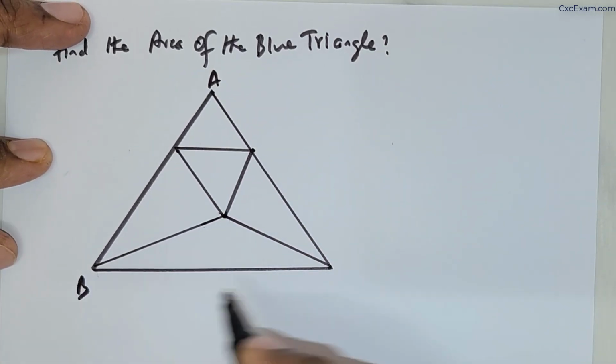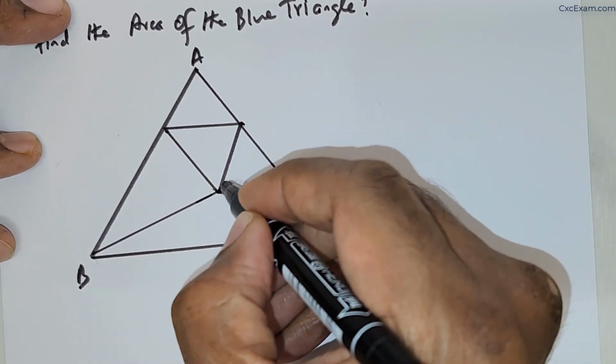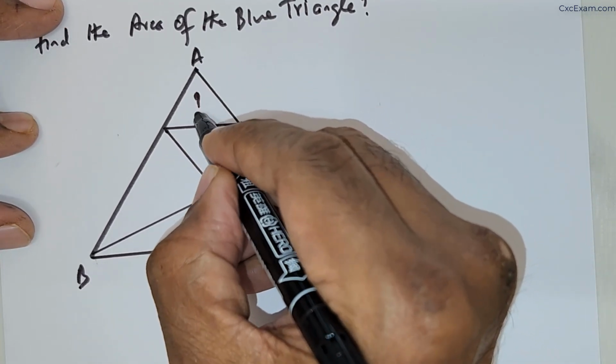So this is going to be ABC. Now this is the blue triangle. We want the area of this.